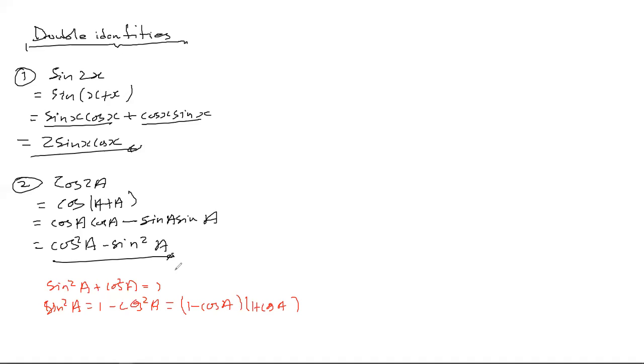Then otherwise, if we make cosine the subject of the formula, we are going to have cos squared A is 1 minus sine squared A. And again, we see difference of two squares there. This can be written as 1 minus sine A into 1 plus sine A. Just watch out for that.